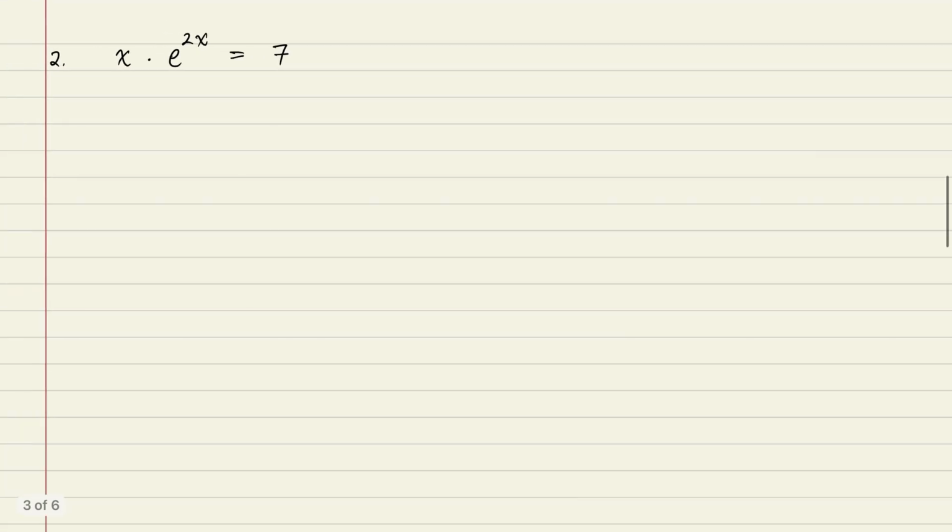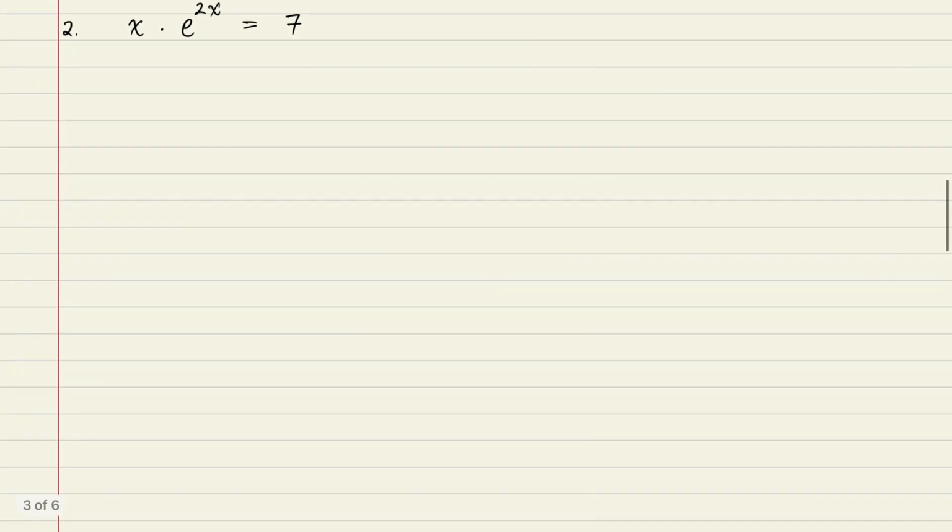Let's take a look at question 2. So x multiplied by e to the power 2x is equal to 7. Now, it's not written in the form that we need, because here we have x and here we have 2x. We need it to be the same. So what we can do is a substitution.